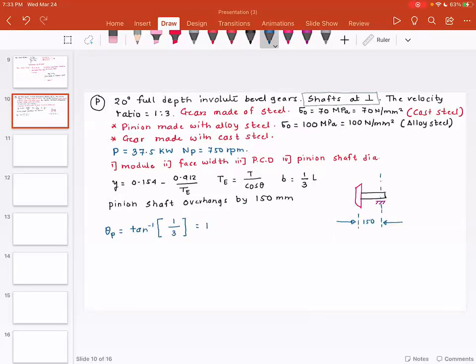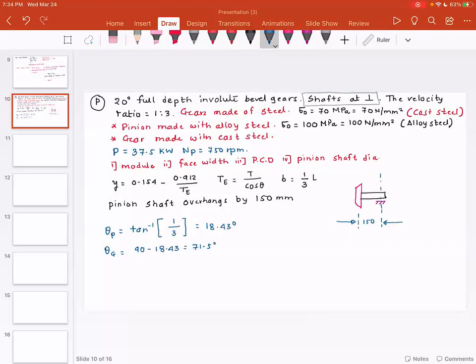That gives me 18.43 degrees. The pitch angle for the gear is equal to 90 minus 18.43, which is 71.5 degrees.